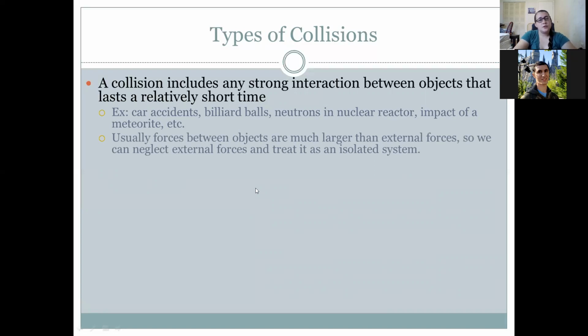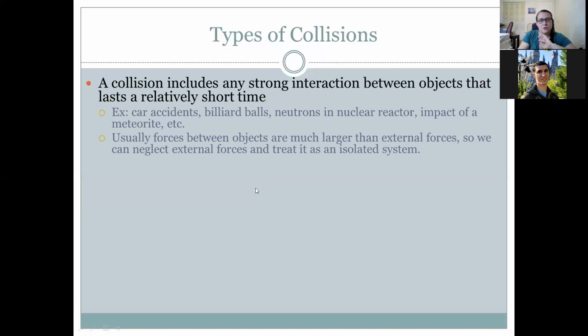And usually the forces between these objects are much larger than any external forces. So things like friction or gravity, those are considered external forces. And when we think about a car crash, for example, two cars colliding with each other, the force between the cars is much greater than the force of friction on the tires or anything like that.